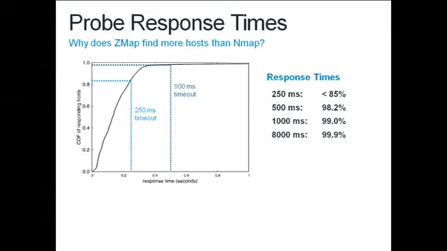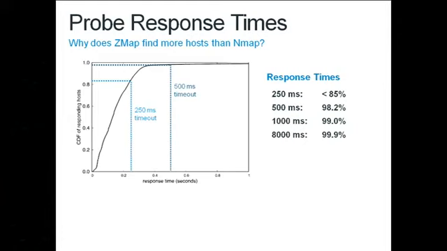So things rattle around in the network for a while and then come back. Nmap, because it has to maintain state for each connection, including a timeout, has relatively short timeouts in its aggressive modes, something like 250 milliseconds and 500 milliseconds. So Nmap is just going to give up and move on.